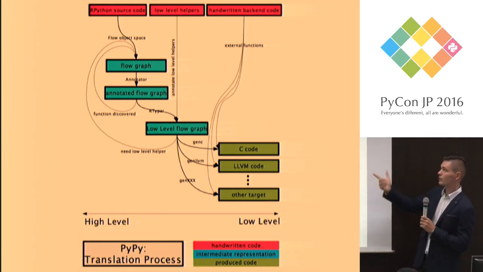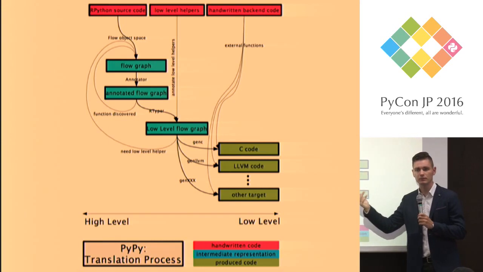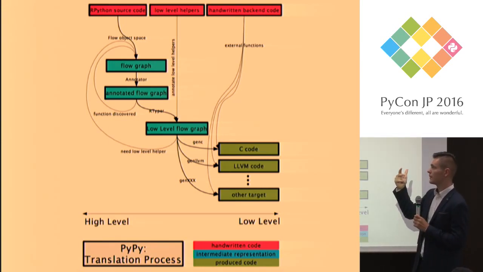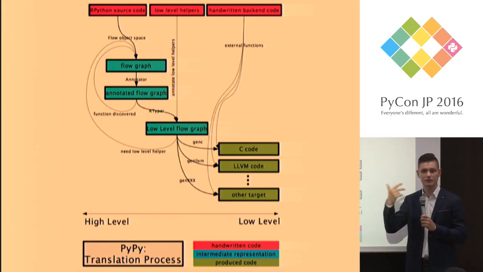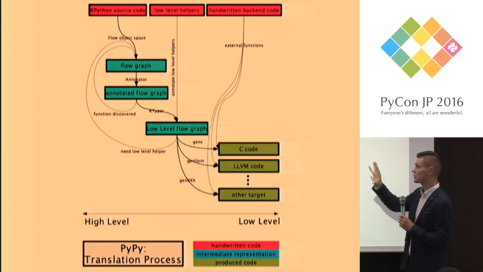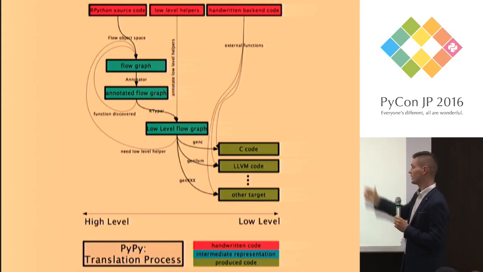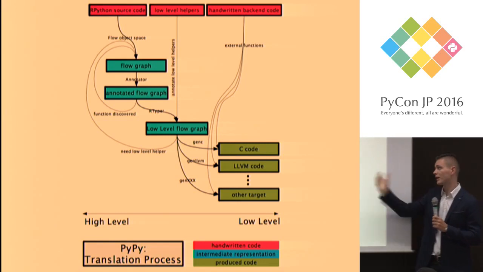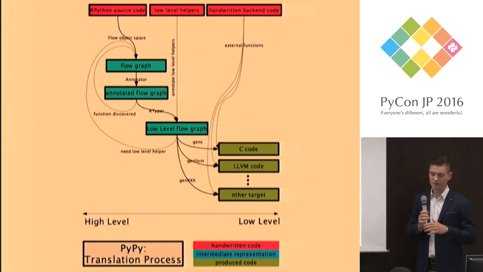It figures out a flow graph, which means what functions are calling what functions. It figures out types, so it knows if a function is getting called with integers. And then it uses all of this information to generate C code or LLVM code or anything you want. And then you can compile the final result and have a super fast thing.